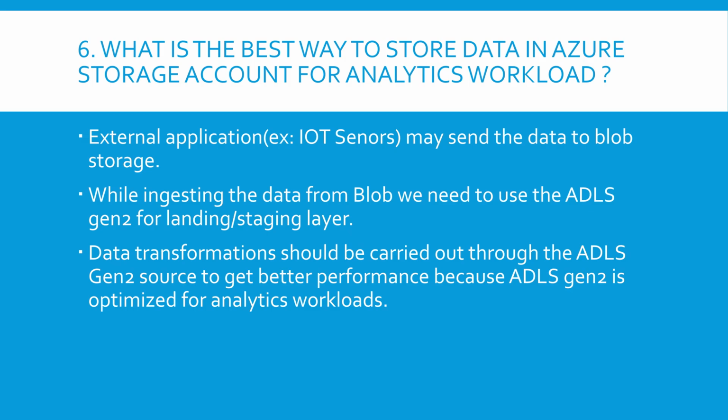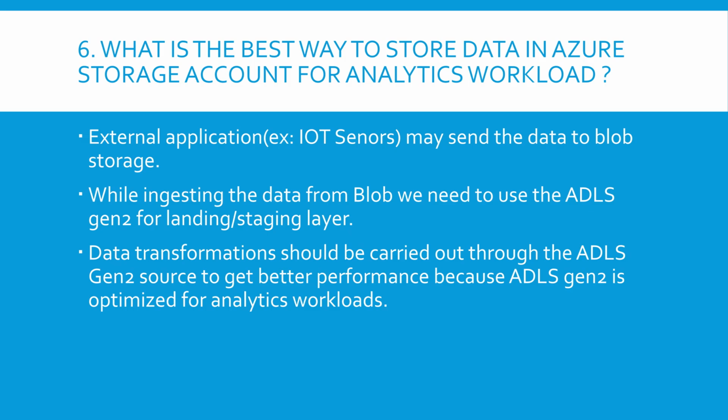Whenever we are getting data from external sources like IoT sensors or telemetry data, we need to ingest the data to blob storage. Once we ingest the data to blob storage, we have to again ingest it into ADLS Gen 2 for the transformation layer, because you cannot transform the data from the blob storage.